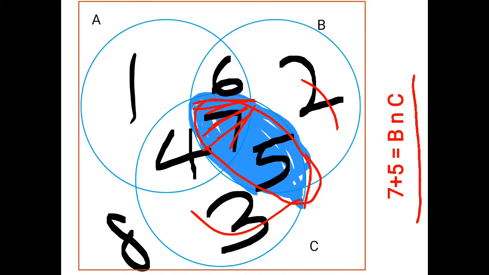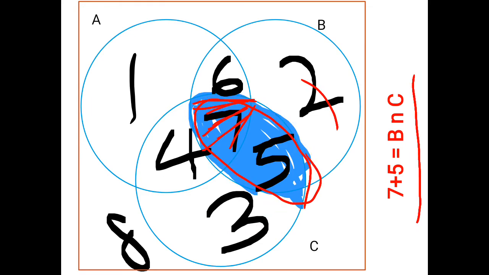So those two circles in which you can find that region become the answer. After we have covered our intersection of all, which is 7, the region 5 is found in B and C. So we say the whole region 7 plus 5 is B intersection C.